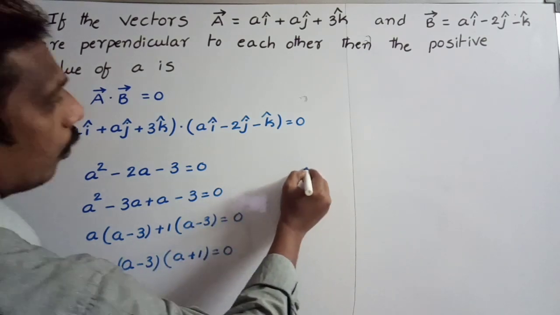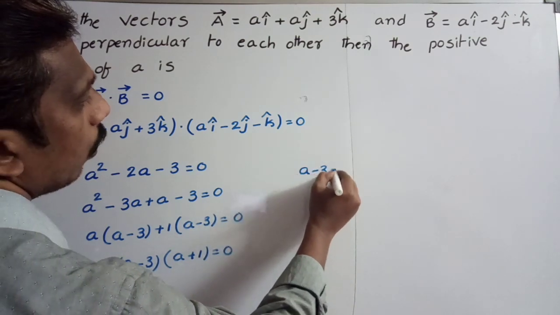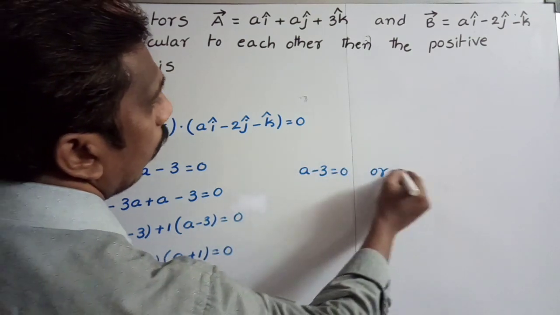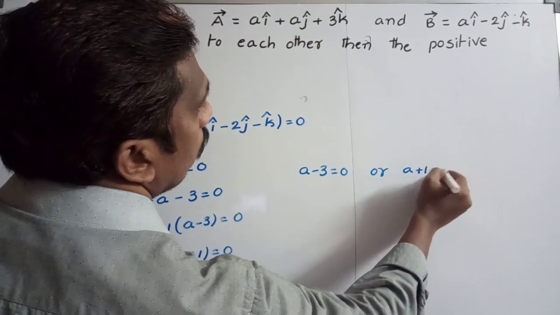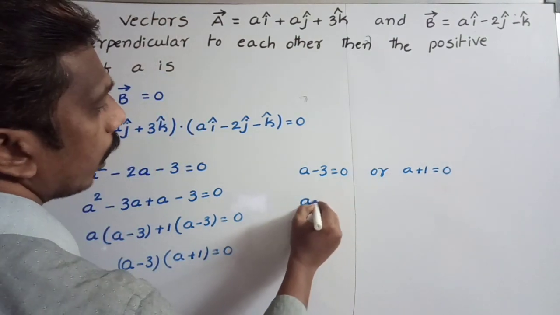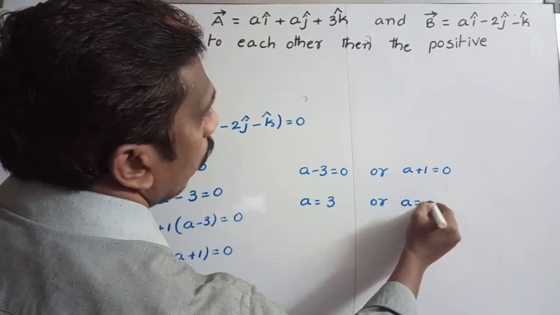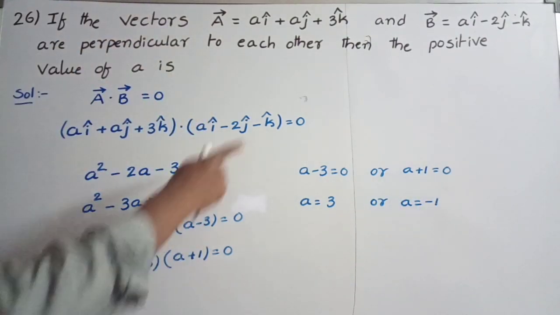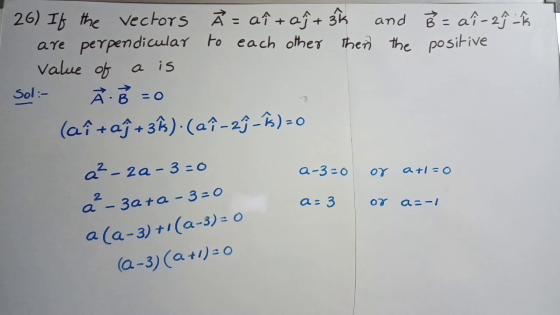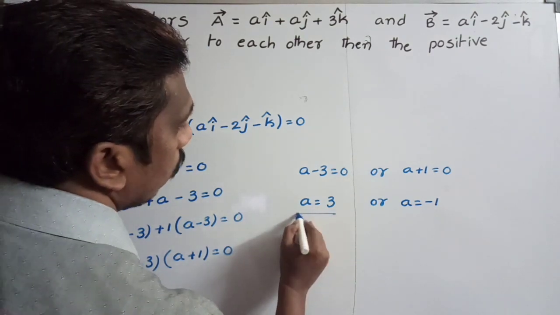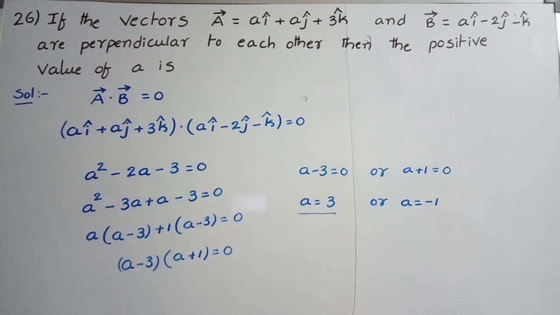From this, a minus 3 is equal to 0 or a plus 1 is equal to 0. From this we can get a is equal to 3 or a is equal to minus 1. But in our problem, we have to calculate the positive value of a. So the answer is a is equal to 3.